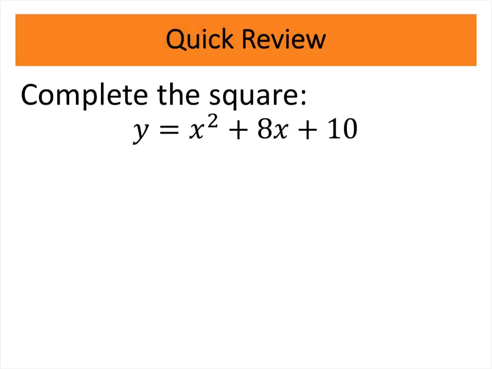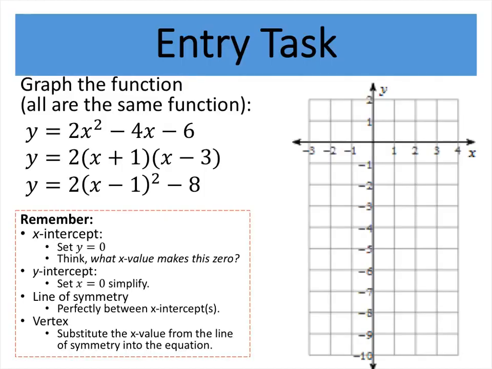So we'll practice. We just did this one on the previous slide, so I'm going to skip past this. So we've got them in three forms. We've got standard form, we've got factored form, which we talked about a couple weeks ago, and we've got vertex form. Well, the standard form actually tells us about our y-intercept.